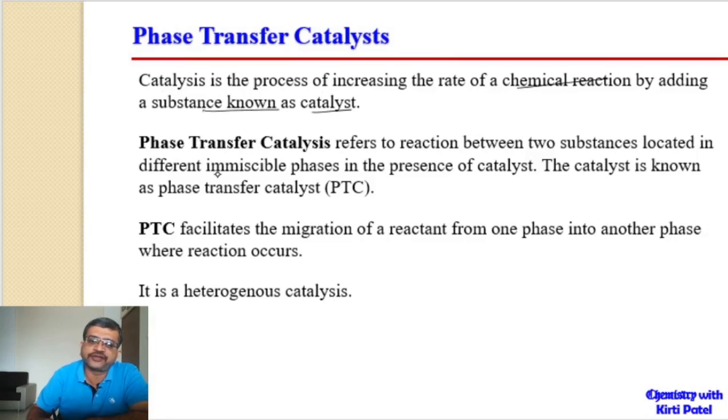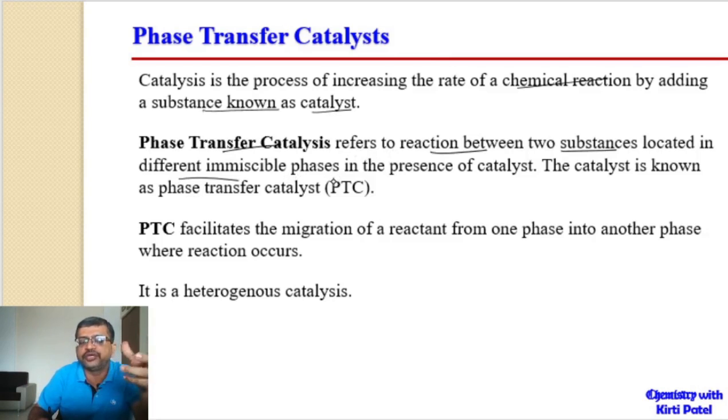As these are biphasic systems, we need a catalyst that will bring either the reactant or the reagent from one phase to another phase. So phase transfer catalysis refers to the reaction between two substances located in different immiscible phases.